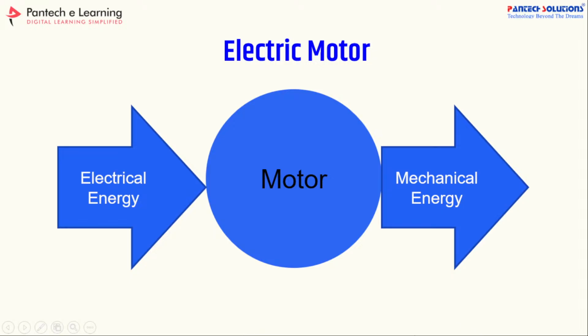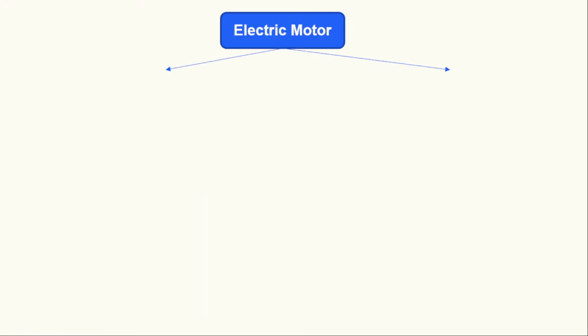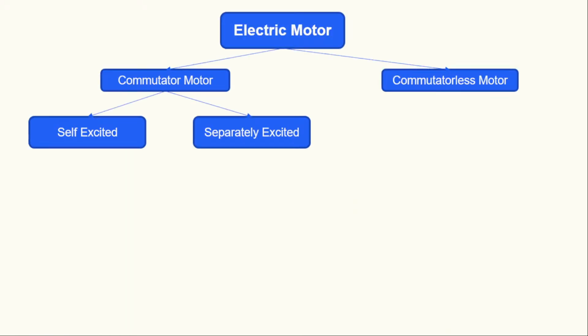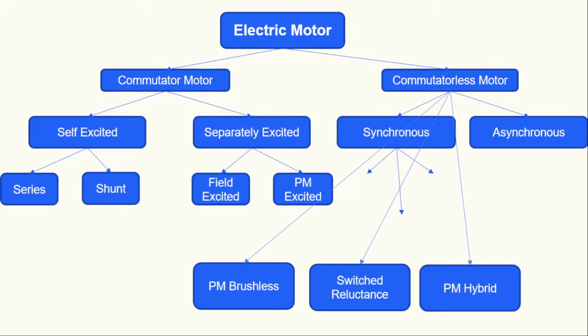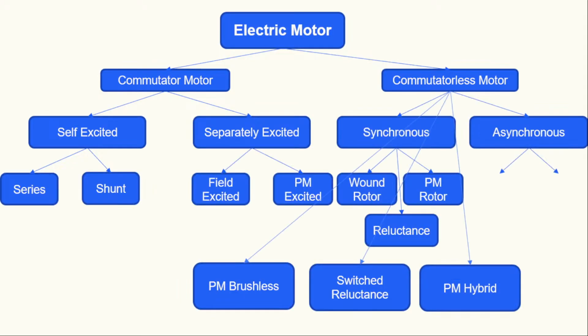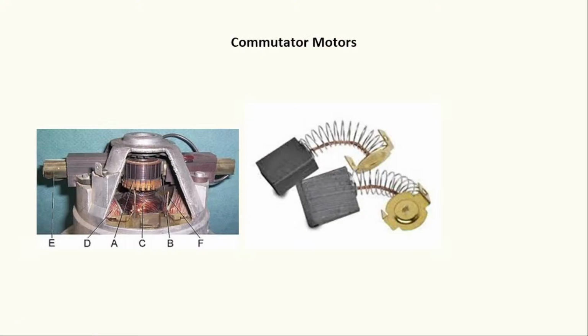A motor converts electrical energy into mechanical energy. We can classify motors into two types: commutator motors and commutator-less motors, which are again classified into different types. So what is a commutator and a commutator-less motor?